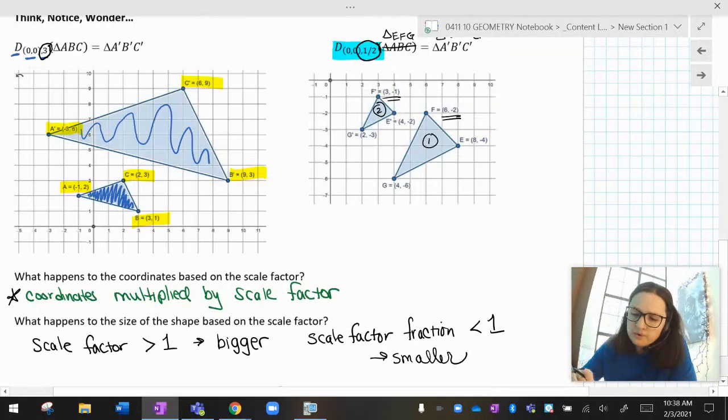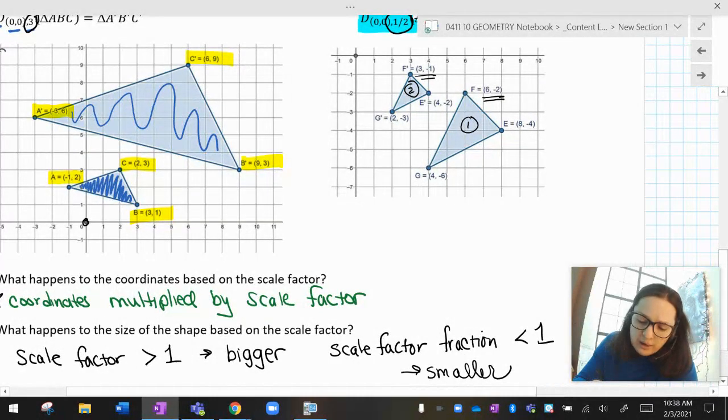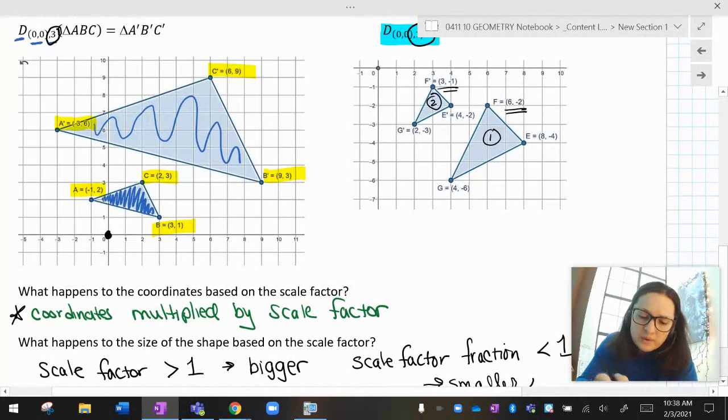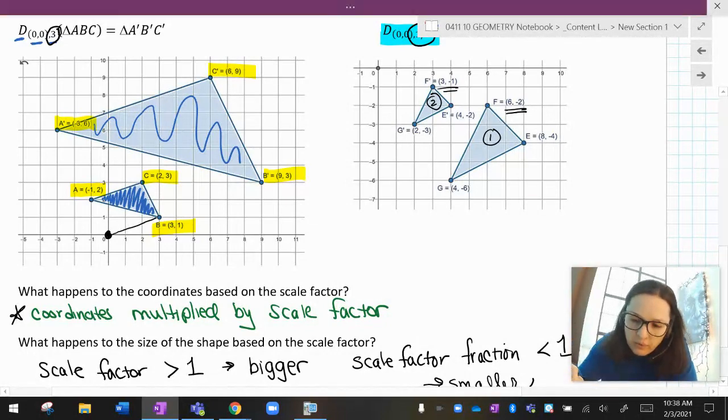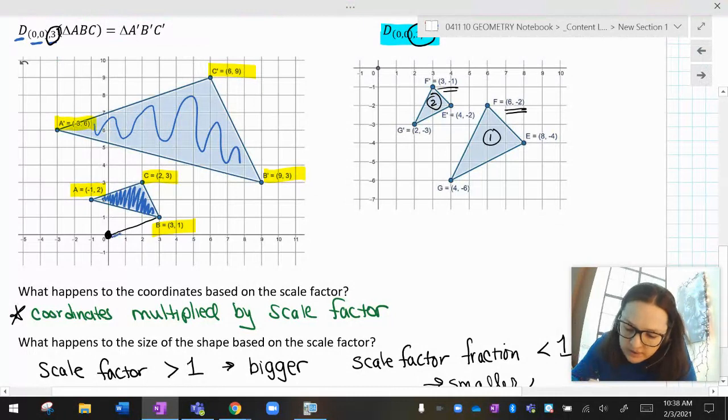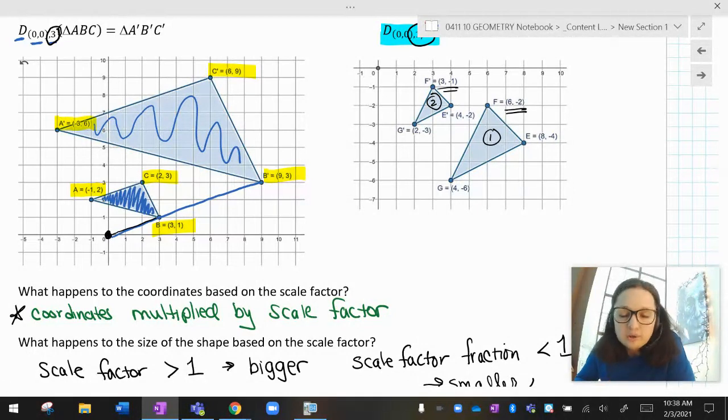If we go back for a second, when I dilated from the origin with a scale factor of 3, what happened is that these things got pushed further away from the origin. So, like this length right here, the one that's black, compared to this blue line I just drew is 3 times as long as the black line.